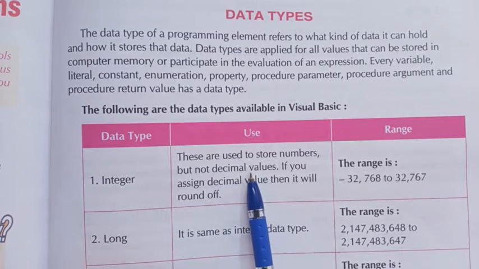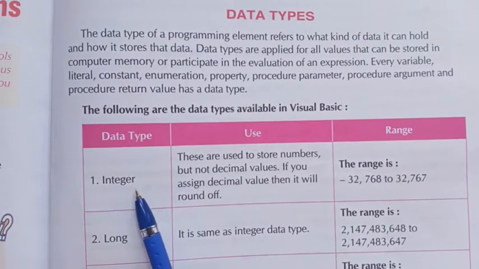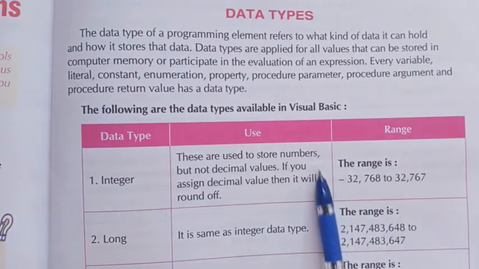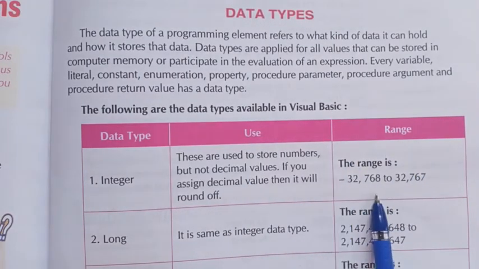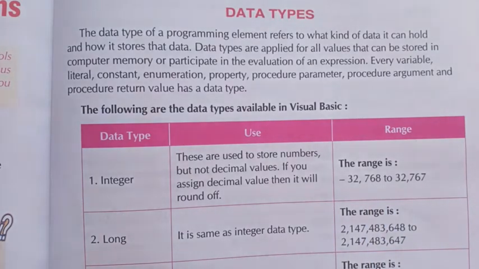That means if you have given the data type as integer and you enter a value like 30.2 or 50.1, that will not be possible because integer data type cannot store decimal values. And the range for storing data in integer data type is from minus 32,768 to 32,767.